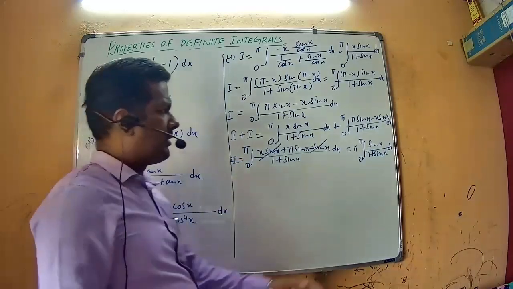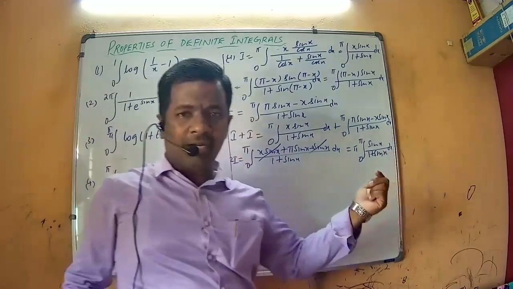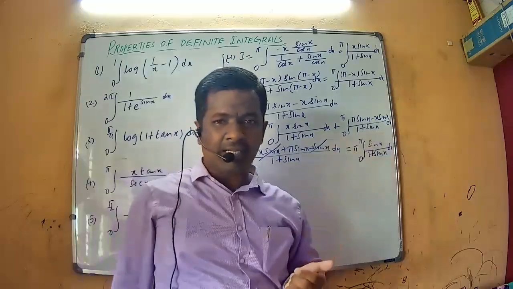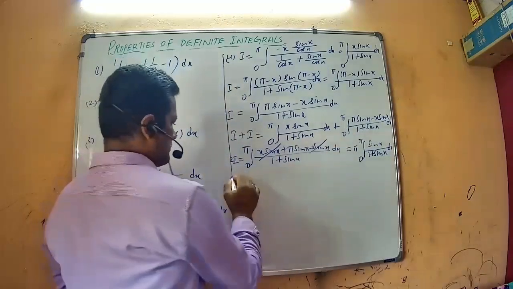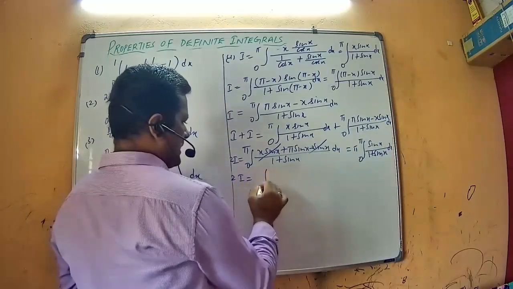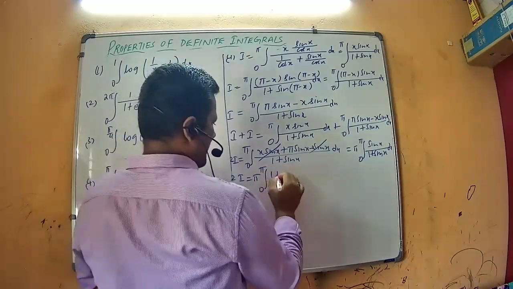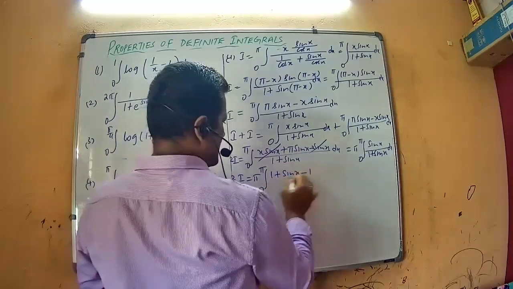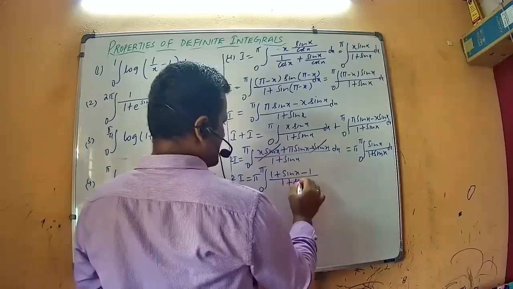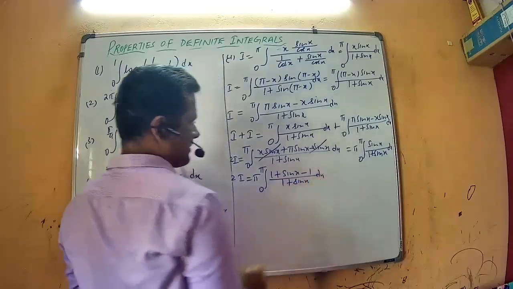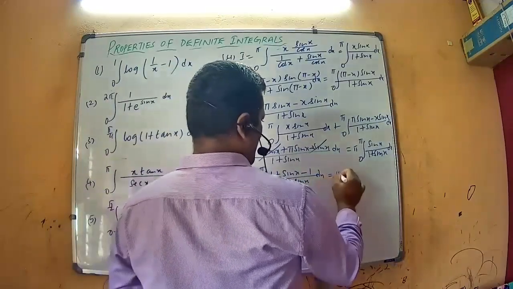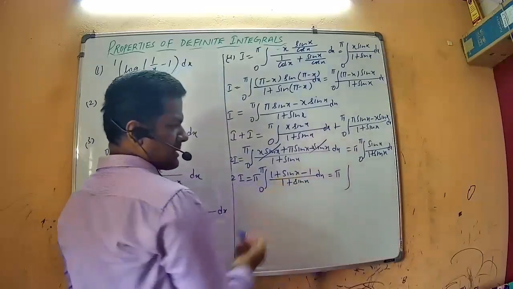Fine. Now as the denominator is 1 plus sine x, in order to evaluate this integral, this is 0 to pi. I am trying to add 1, subtract 1. So 1 plus sine x minus 1 by 1 plus sine x dx. So this is pi into this by this is 1.